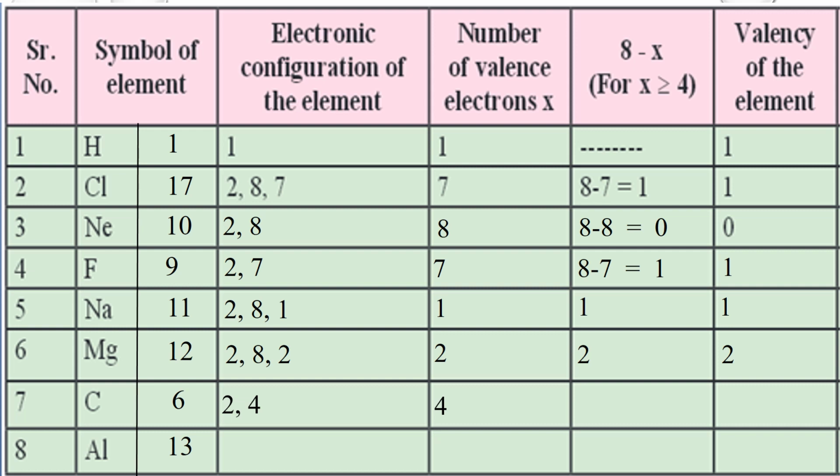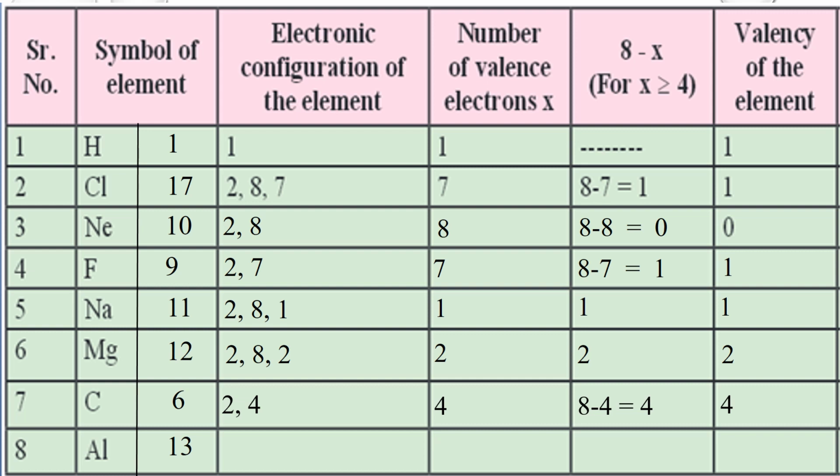Now here you will use the formula, because if you look at the column, it is written for x more than or equal to 4. So here the valence electron is 4. It's equal to 4, so you will use the formula, that is 8 minus x. So 8 minus x means 8 minus 4, which is 4. So 4 becomes my valency of the element. So carbon can form 4 bonds with another atom.